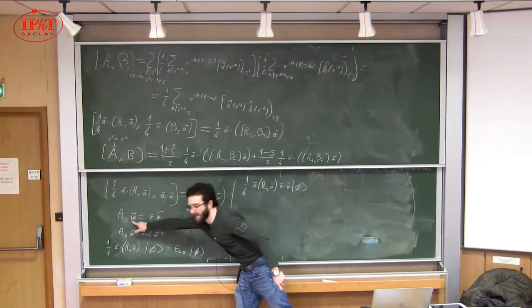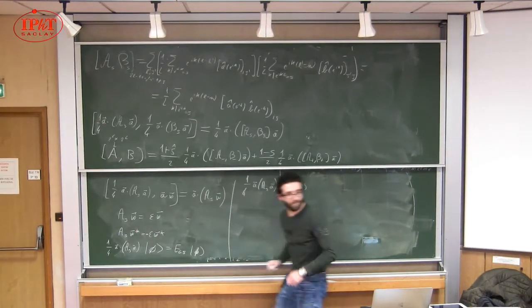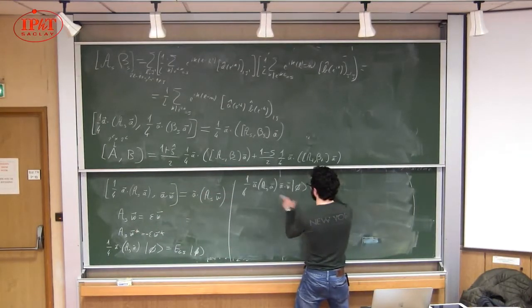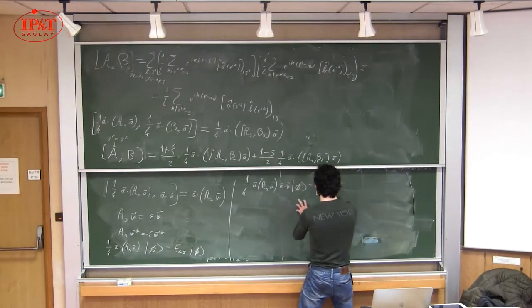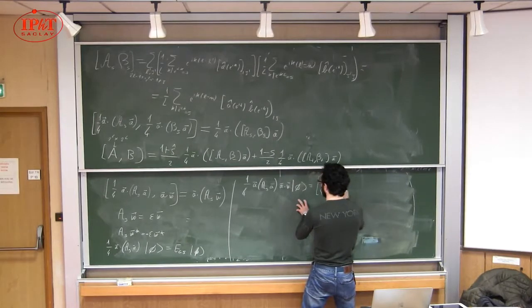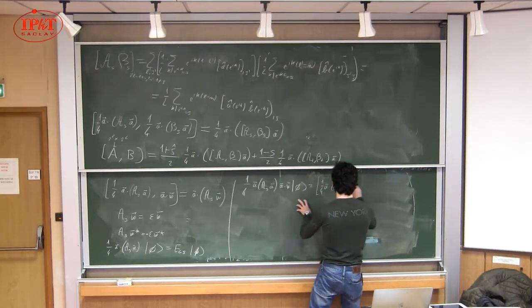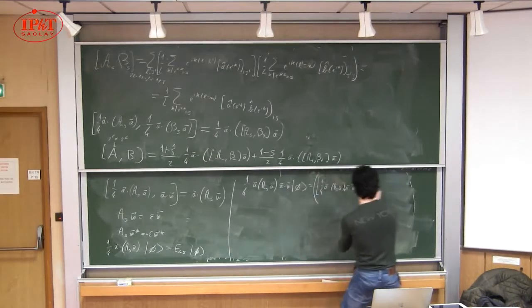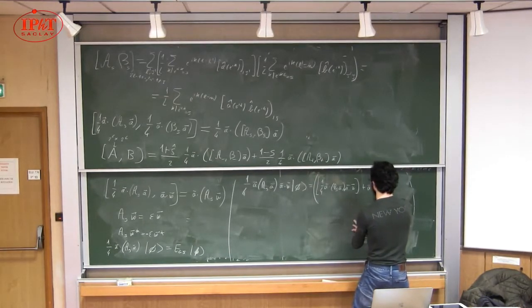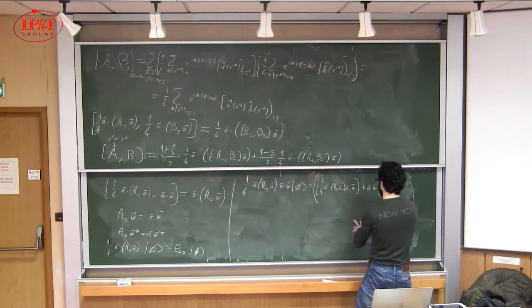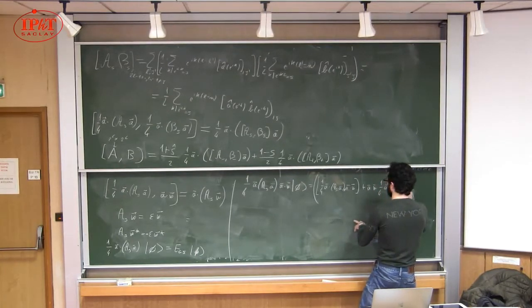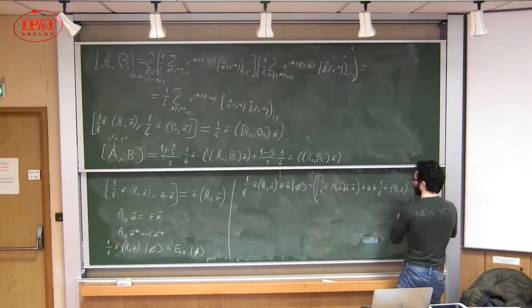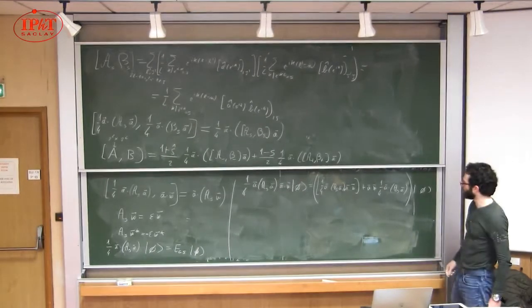But now, this is an eigenstate, so I obtain epsilon. Doing the steps, this is equal to the commutator between 1 over 4 A_S A and A W, plus A W times 1 over 4 A_S A, applied to the state that I gave you.